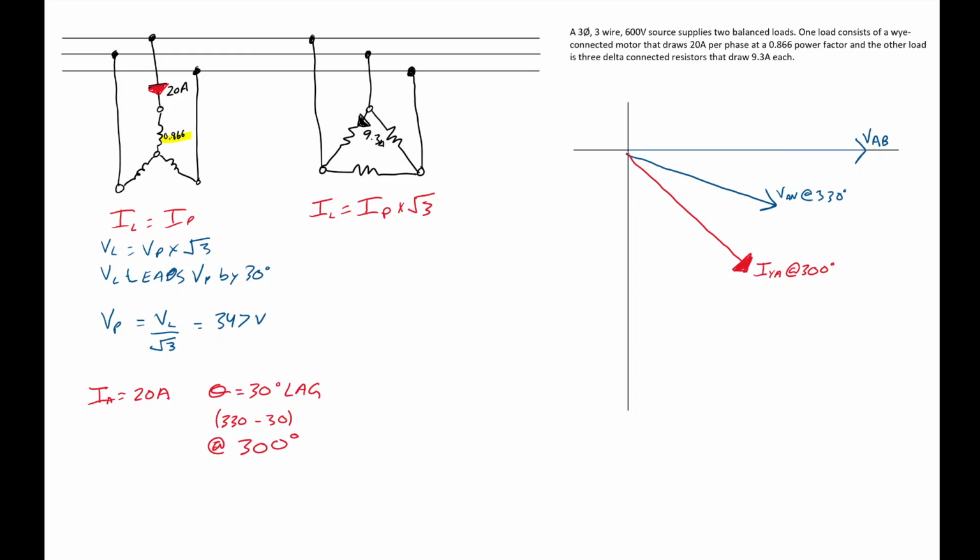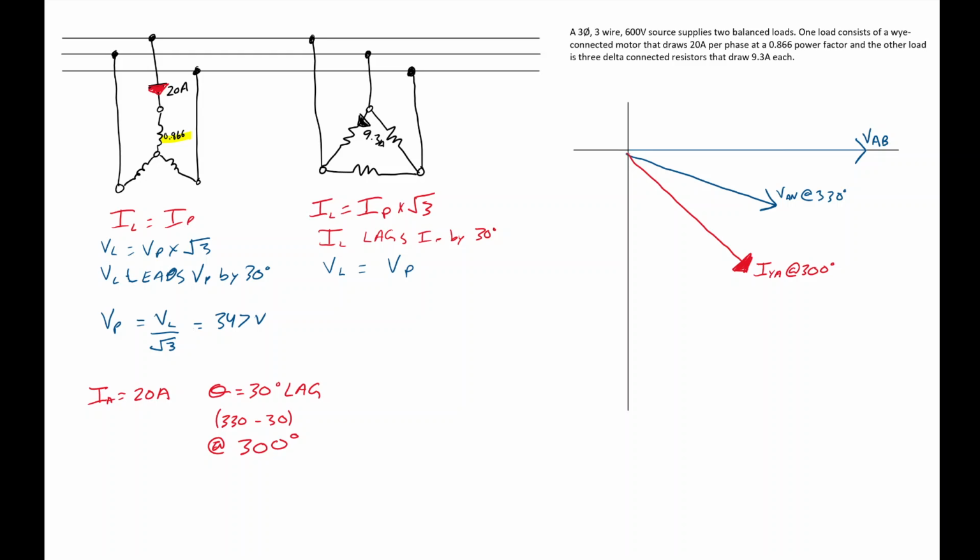Then I step over into the delta. Now in the delta, I've already got my one rule: I line equals I phase times root 3. We also know that I line lags I phase by 30 degrees, and we know that V line equals V phase.